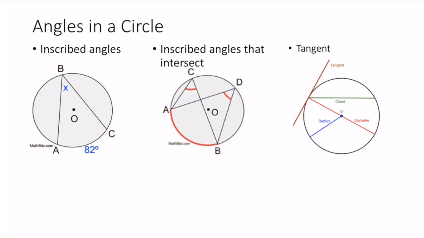Some special things to know about the angles in a circle. We have things called inscribed angles, which just means that when we connect 3 points that lie on the circumference of the circle, if this 82 is connected to the radius, angle x here would be half of 82.